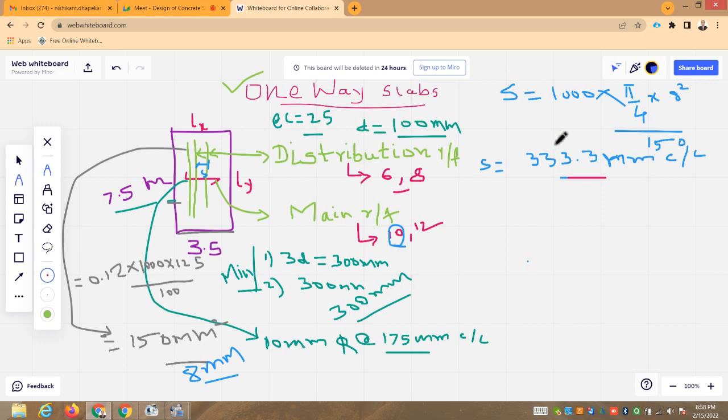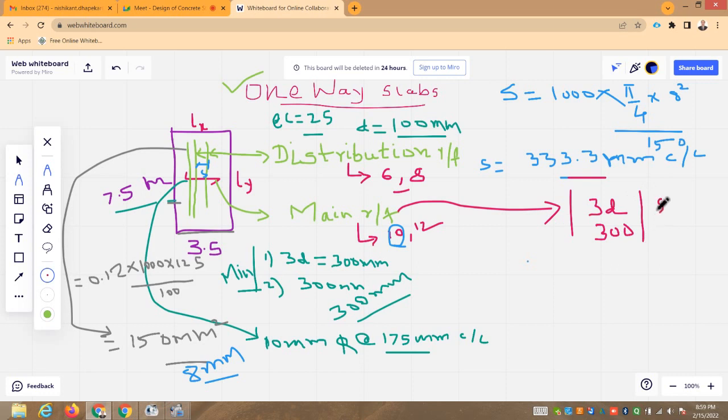Then the maximum spacing criteria is 3 times the effective depth or 300 mm. So this was the criteria for checking the spacing of main reinforcement. For distribution reinforcement, slight change is there.